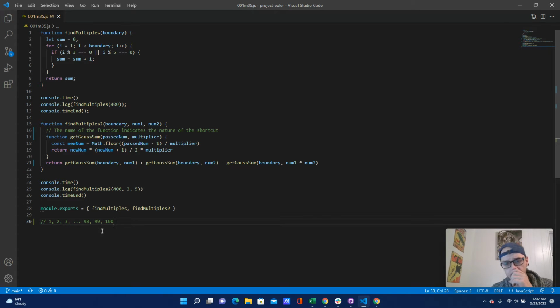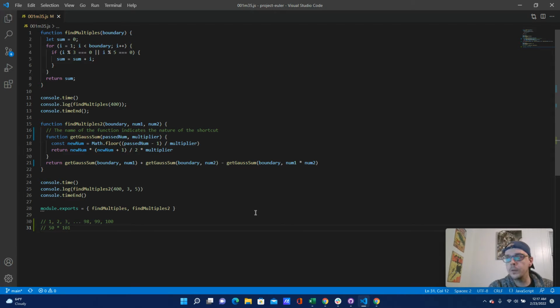Each of those pairs is going to equal 101, down until 50 and 51, still going to equal 101. So that's 50 pairs of numbers that equal 101. And so we can say that the sum of numbers from 1 to 100 is equal to 50 times 101.